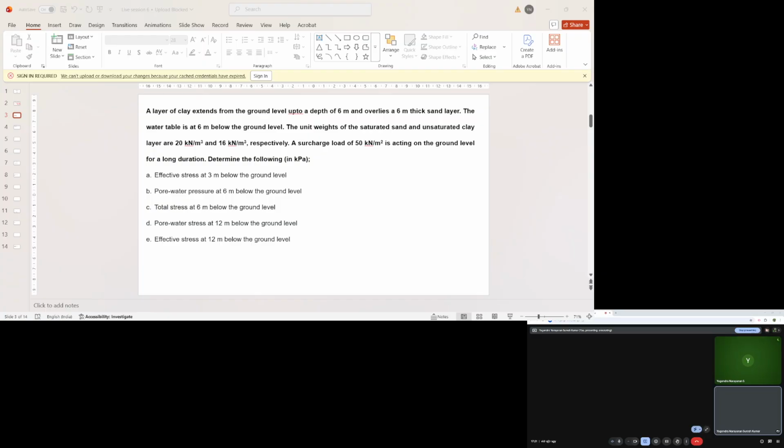That is A, this is B, and this is C. And the effective stress at 12 meters below ground level is 206 kPa.